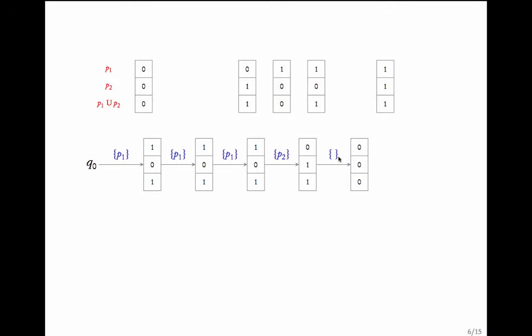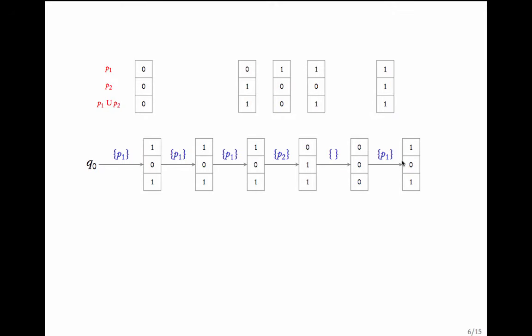Suppose it sees an empty letter, the letter consisting of the empty set. This and this have to be 0. Here there is no choice. It has to be 0 because P1 until P2 cannot be true in this position, as P1 is false and P2 is false.